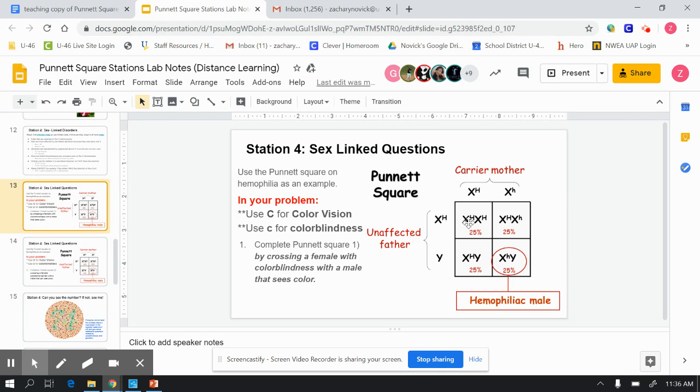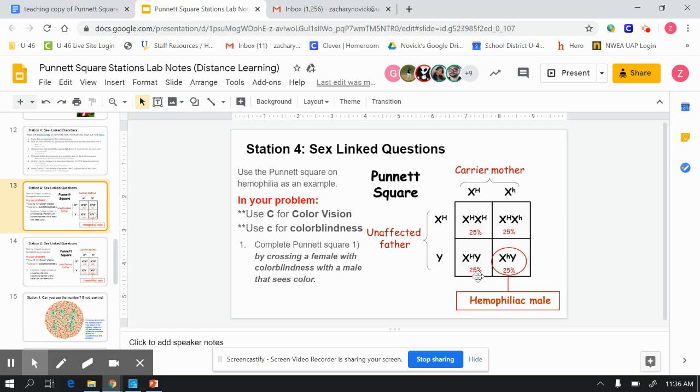So now, like in this one, you have a female who has two dominant hemophilia alleles on her X chromosomes. Here you have a female who has one dominant and one recessive hemophilia allele on her X chromosomes.